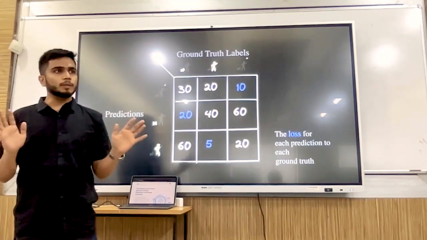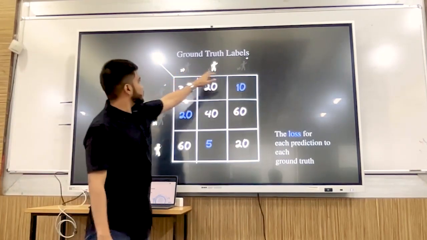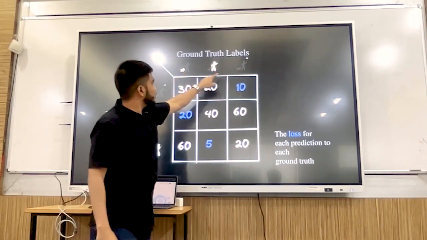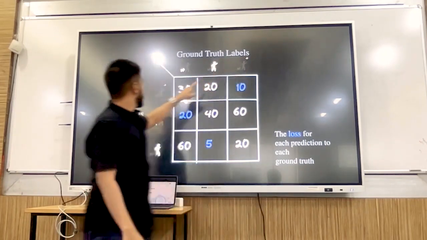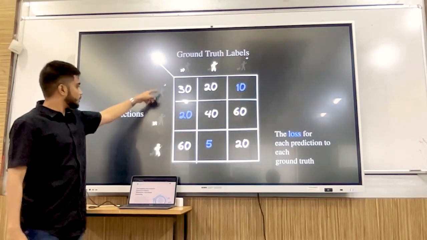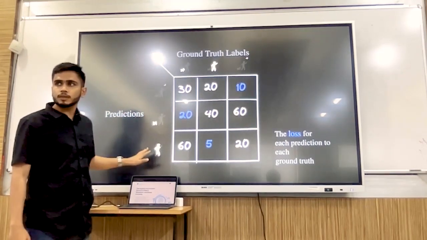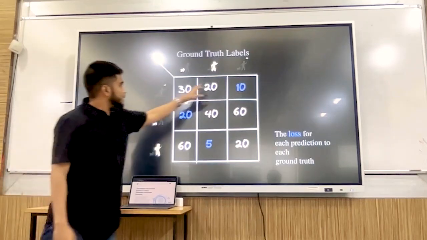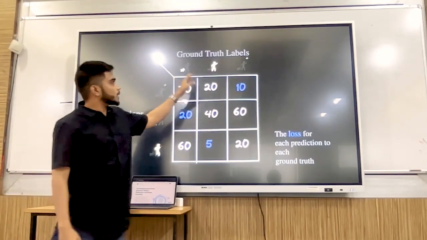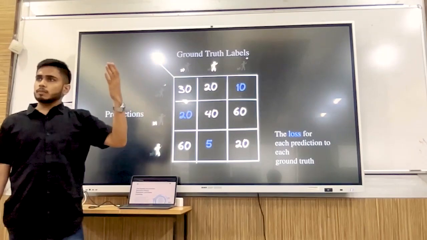Make sense? So what happens is ground truth labels: this is a dog, this is a human being, these are birds. And these are predictions. See how the predictions are not up to the mark. Everything is a little bit off, right? And these numbers are the exact numbers that we used with the analogy of a worker and a job.